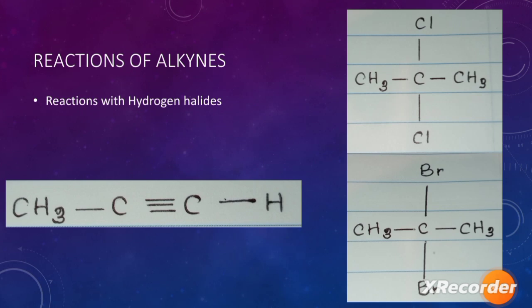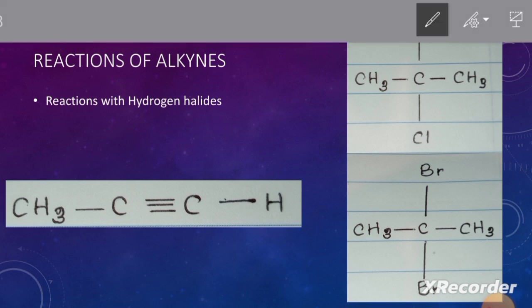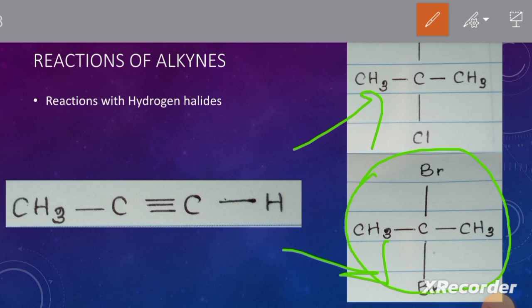So in that way, if we want to add two halogen atoms to the same carbon, we have to add a hydrogen halide to the alkyne. Here HCl addition is shown in this one and HBr addition is shown in this one. This molecule is condensed and written like this.